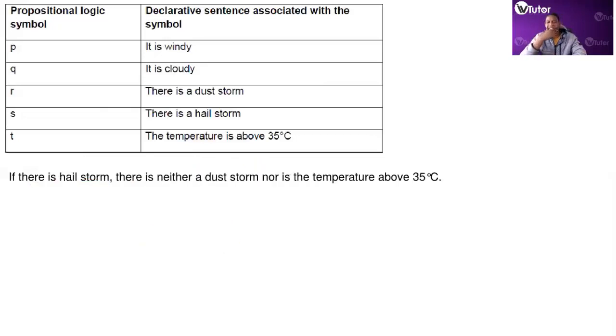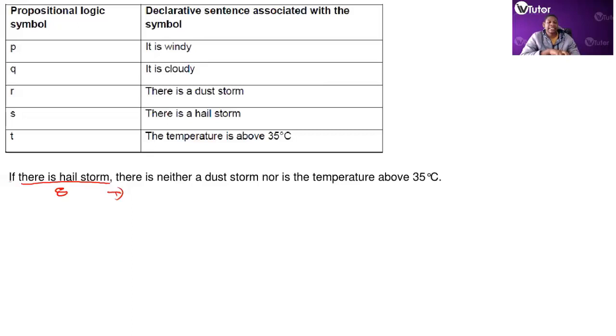Next, we look at: if there is a hailstorm, so the S implies, because we have an if, comma, there is neither a dust storm nor is the temperature above 35 degrees Celsius.